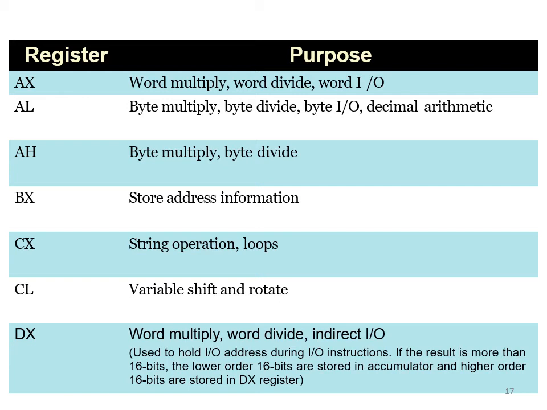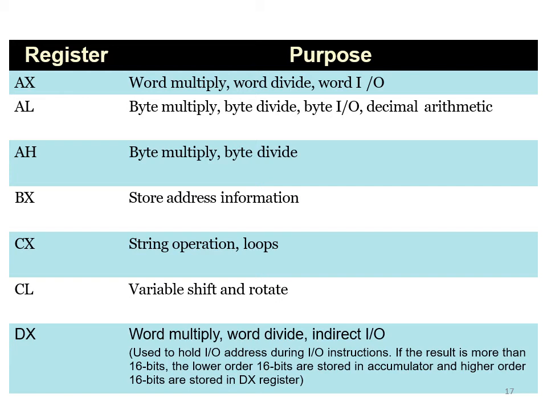For the AX register, the lower half is termed AL, and the higher part is termed AH. So for all byte multiplication, byte division, etc., you can utilize these 8-bit half registers.